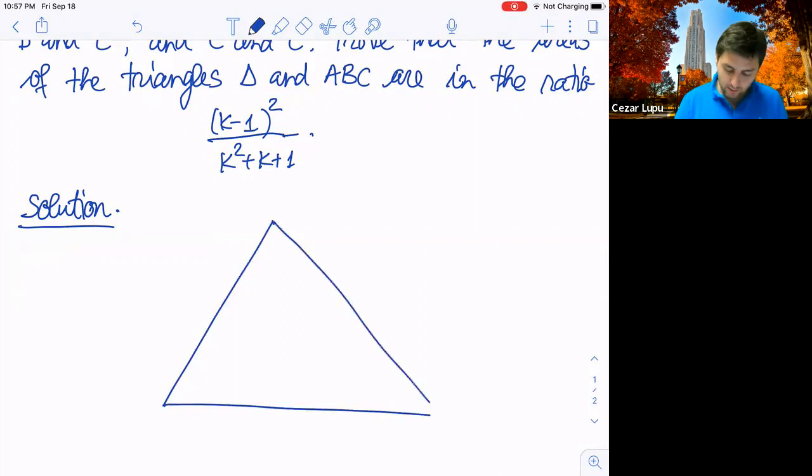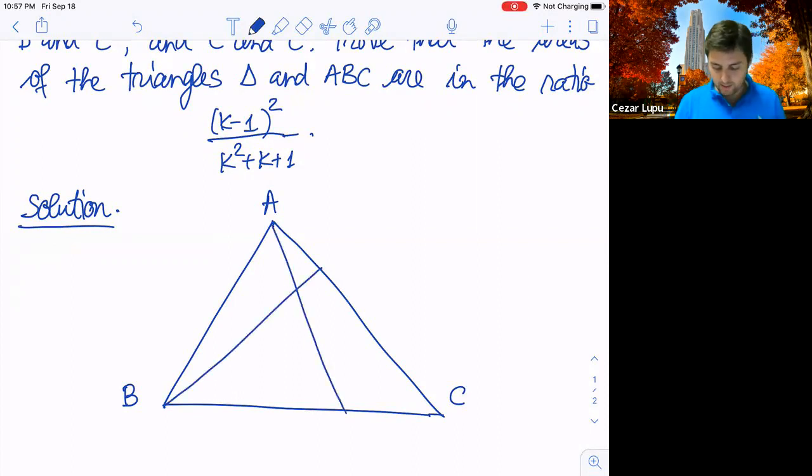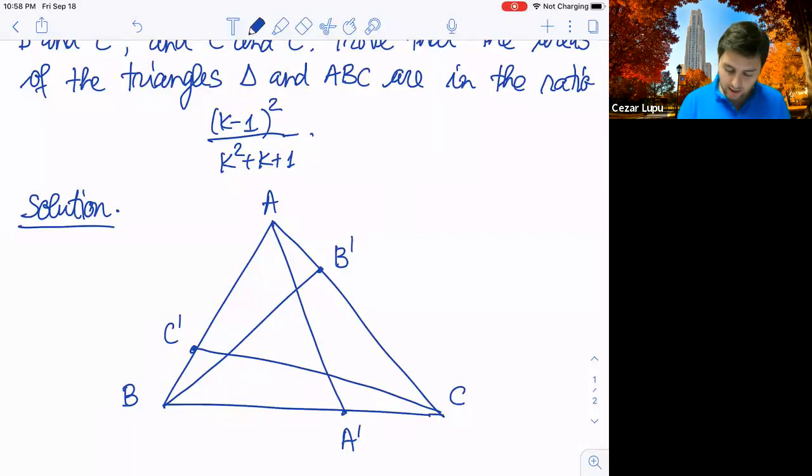Let me draw the picture. This is a triangle, this is A, B, C. Now I'm going to draw A prime in this way, B prime, and C prime. Then the segments from A to A prime, B to B prime, and C to C prime intersect in another 3 points here.